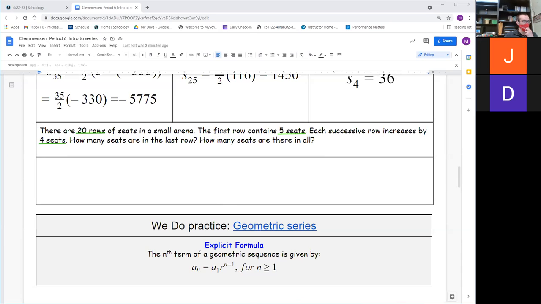Like the first row. That's probably something math related that we got to talk about. Increasing by. That's something we kind of talk about with math. In all. That's something we know about. And then something about the last row. The first thing I did was I underlined my numbers that I'm guessing are going to be kind of important. Then I underlined some of the words that we know in math kind of mean something, like increasing, last, in all.